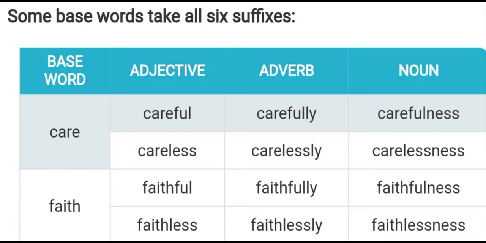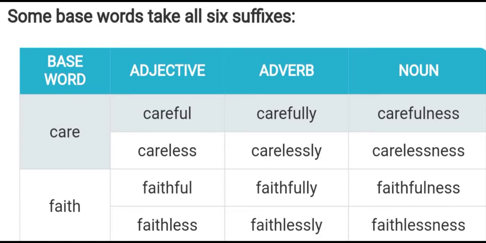What are those words? You can see the base word, adjective, adverb, and noun, which take full, less, fully, lessly, fullness, lessness. These 6 suffixes give careful, careless, carefully, carelessly, carefulness, carelessness. Clear?